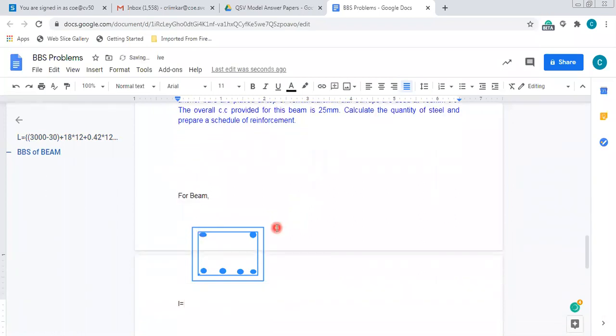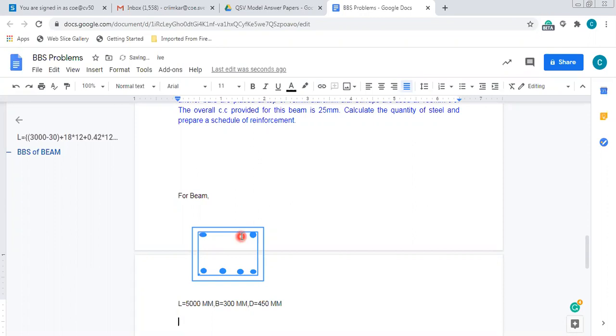L equals 5000 mm, correct? Second, what they have given? b equals 300 mm, and d equals 450 mm. Now this is the part which is known to us.